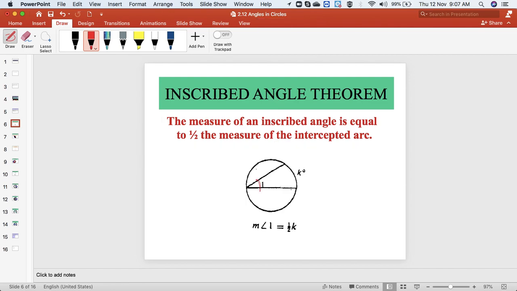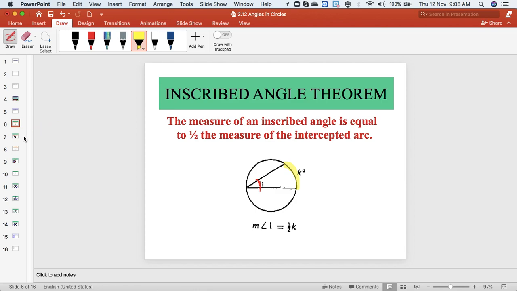This is angle 1. And then K here is the intercepted arc, and the intercepted arc is this part. So again, the inscribed angle theorem says the measure of an inscribed angle is equal to half the measure of the intercepted arc. So the measure of angle 1 here is half the measure of K degrees.